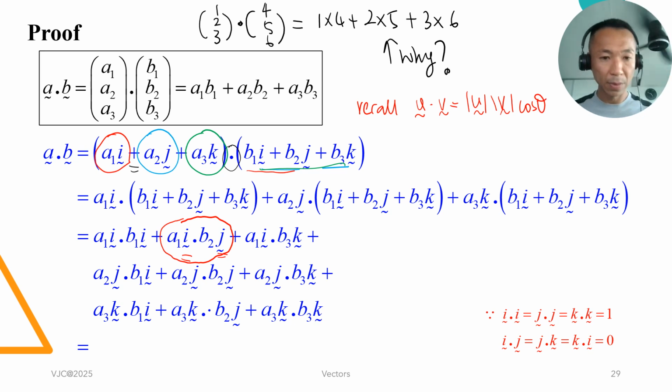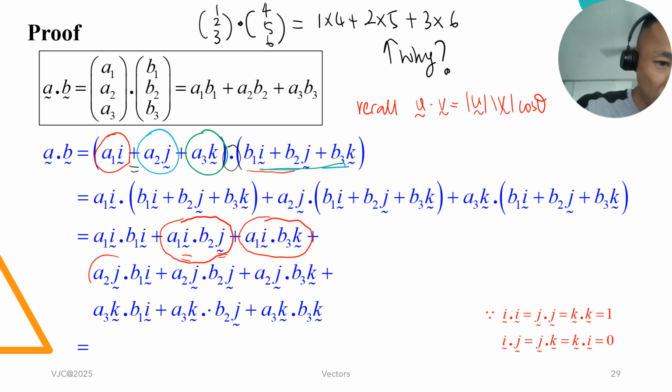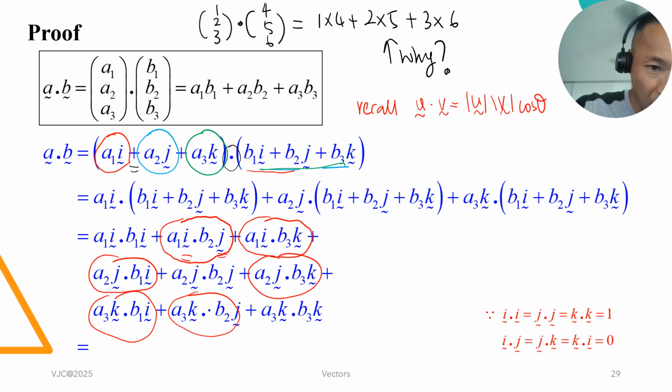Now, if U and V are perpendicular, cosine 90 is 0. So clearly I dot J must be 0 because I and J are perpendicular. Similarly, I and K are perpendicular because one is the X component, one is the Z component, also perpendicular, also 0. So this one also 0. This one also 0. This one also 0. They are all zeros.